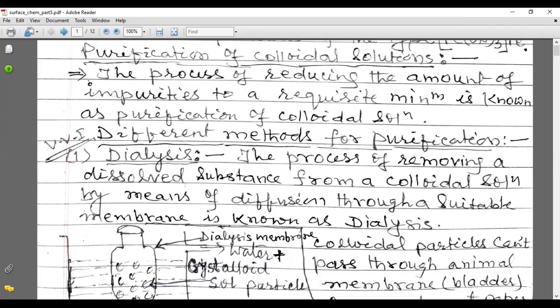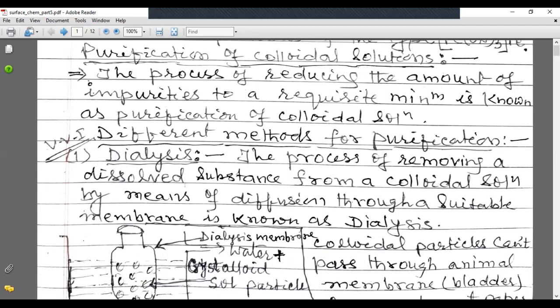Number one is dialysis, which is very much important for our examination. And each one of us is well acquainted with this word dialysis. The definition is the process of removing a dissolved substance from a colloidal solution by means of diffusion through a suitable membrane is known as dialysis.